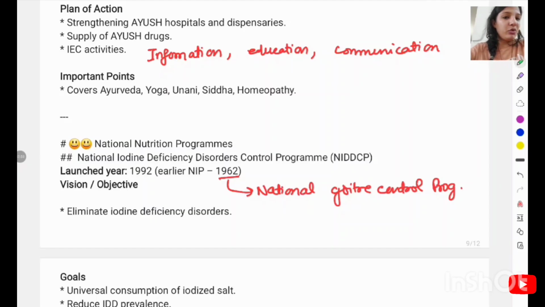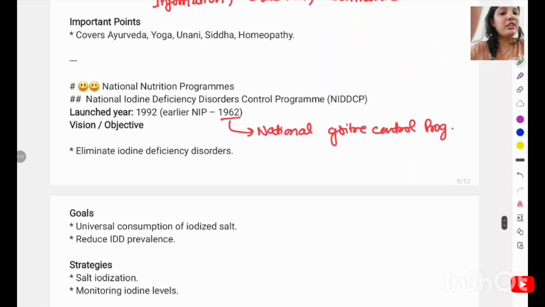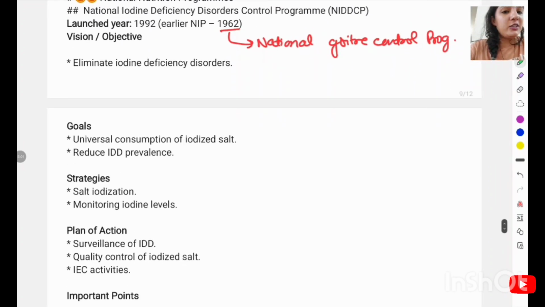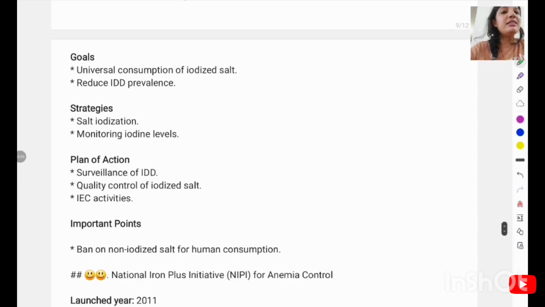But this program, the National Iodine Deficiency Disorder Control Program, came in 1992. Its objective is to eliminate iodine deficiency disorder, and the goal is universal consumption of iodized salt, because iodized salt is one of the key factors for goiter or iodine deficiency.